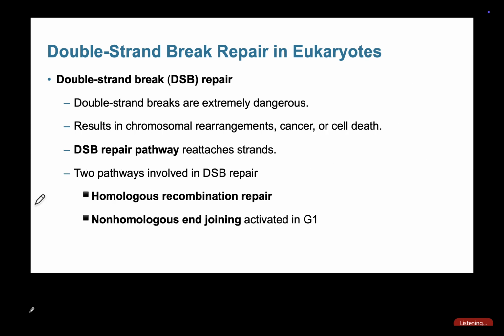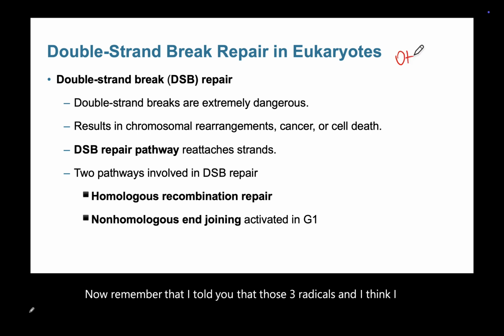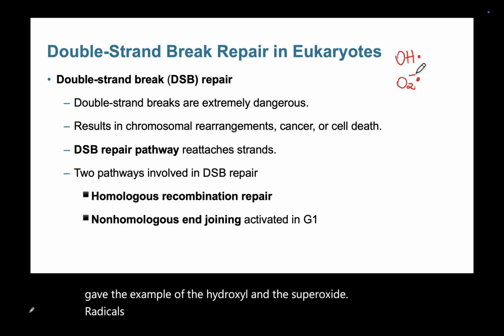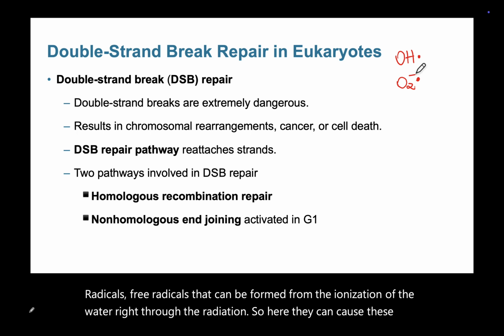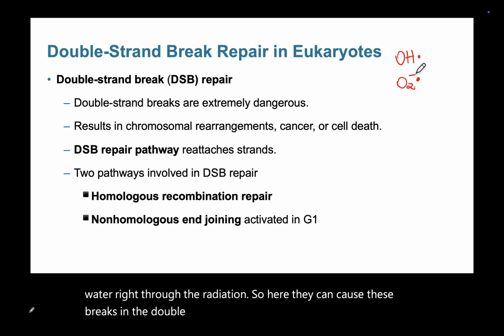Now, remember that I told you that those free radicals, and I think I gave you the example of the hydroxyl and the superoxide radicals, free radicals that can be formed from the ionization of the water, right, through the radiation. So here, they can cause these breaks in the double-strand DNA, right?